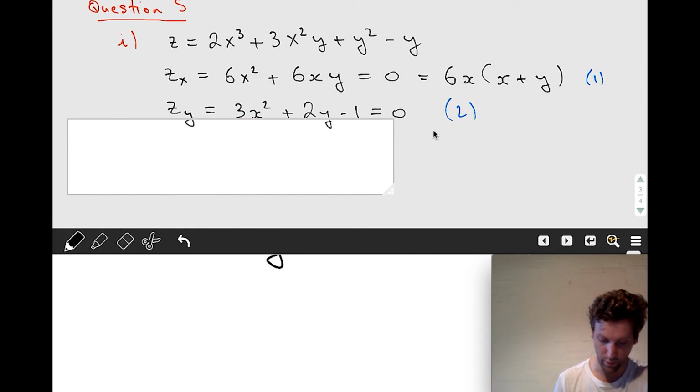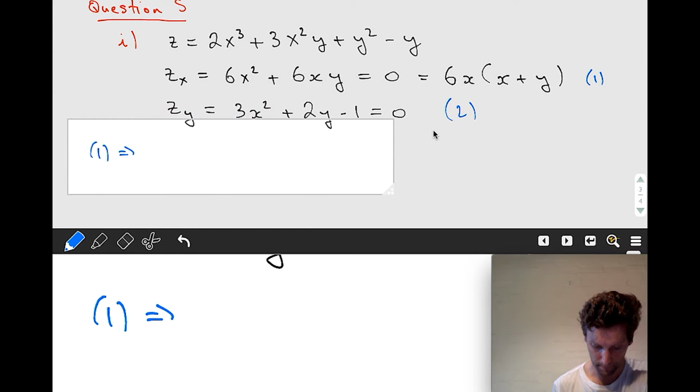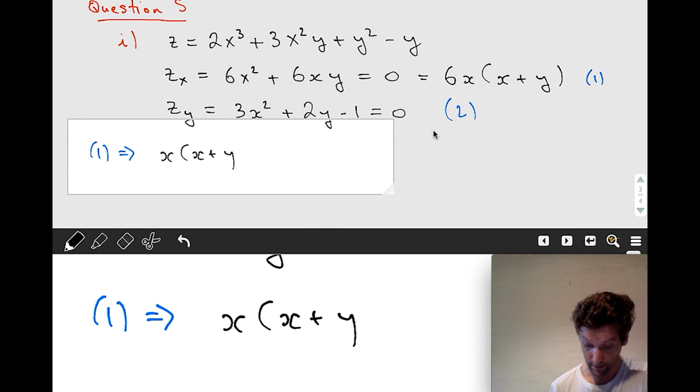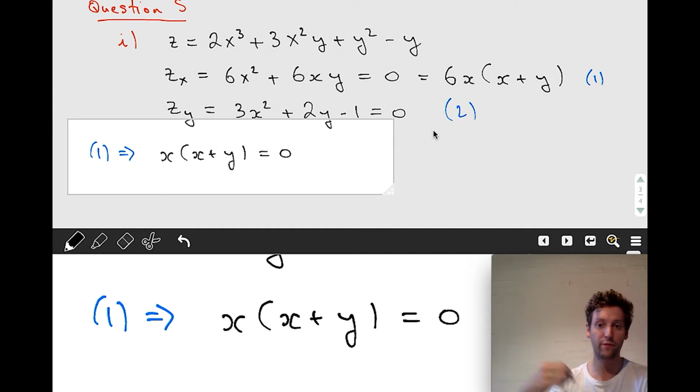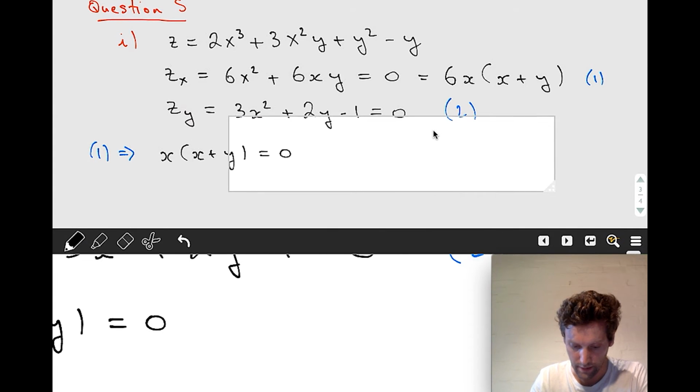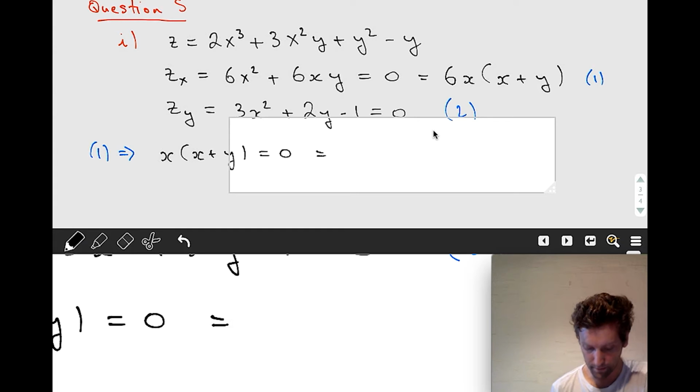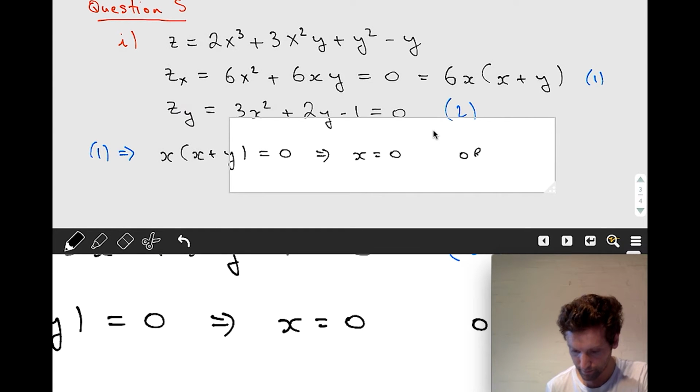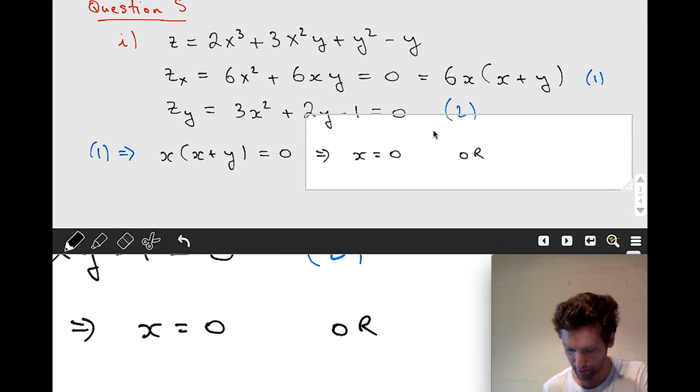Expression number 1, if I get rid of that factor of 6, gives x times x plus y is equal to 0. And we remember that if we have something times something equal to 0, then one of those things has to be 0. So either x is equal to 0 or x plus y is equal to 0.